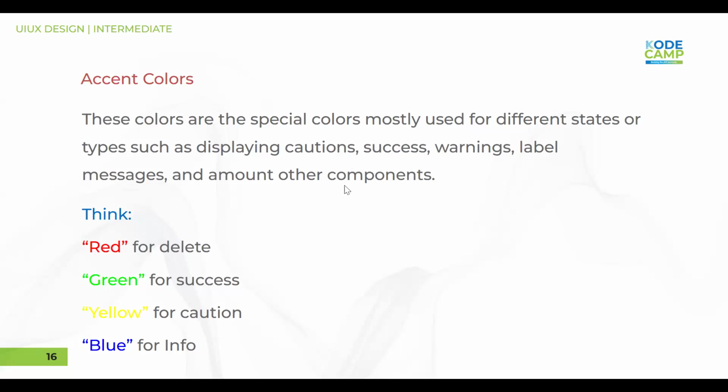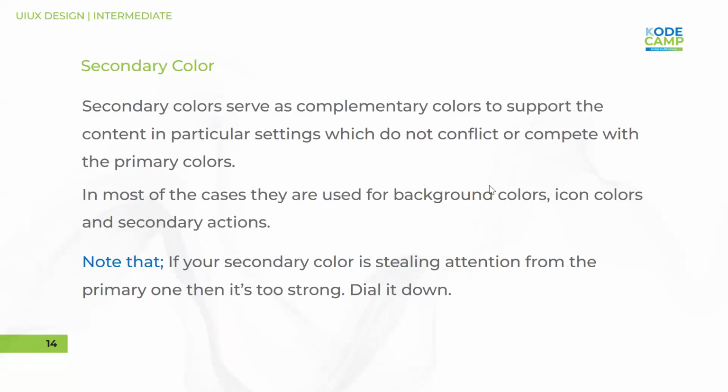Okay, sorry. I think I had not finished with the secondary color. Let's go back. Secondary color serves as a complementary color to the primary color, so it supports the primary color.